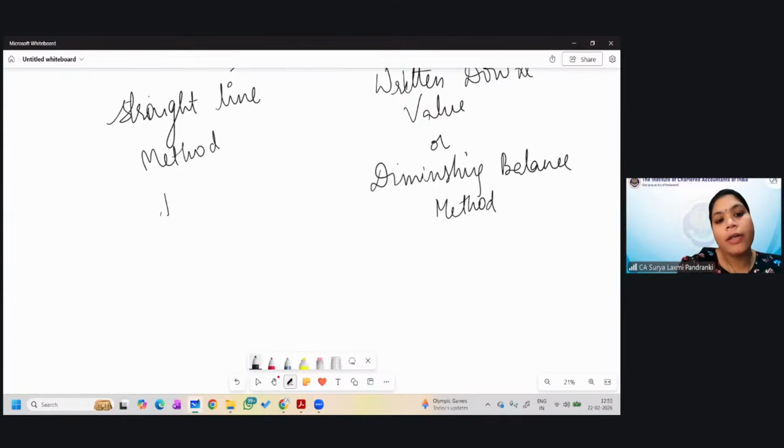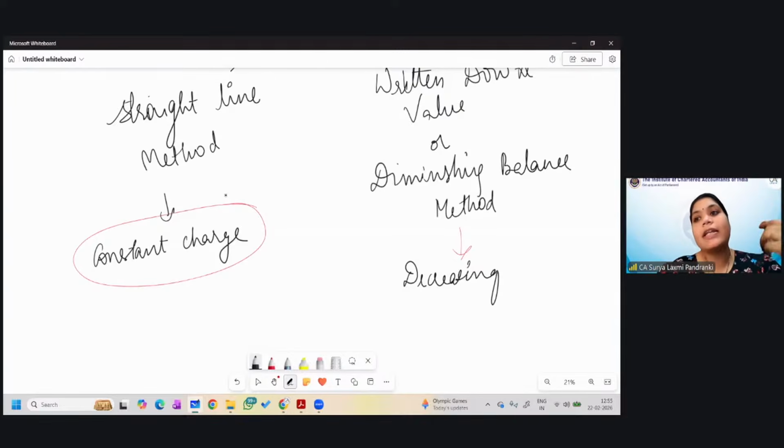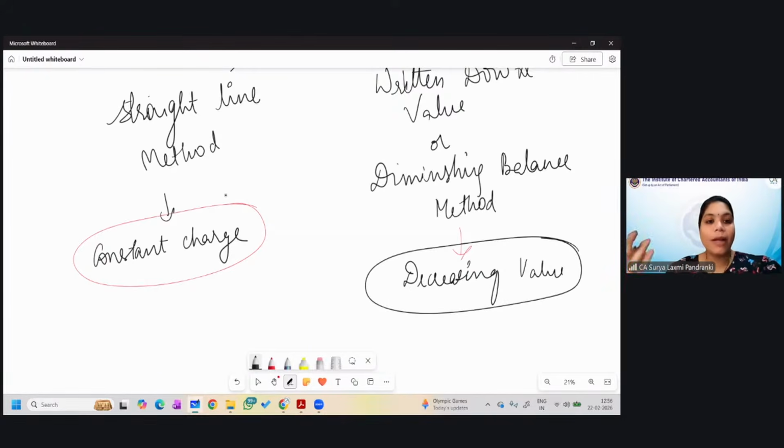Straight line means you provide depreciation as a constant charge, which means if the depreciation is 1 lakh, it will be 1 lakh every year until the end of the useful life. But written down value is not a constant charge. It is a decreasing charge, which means if today you're providing 1 lakh depreciation, next year it might be 80,000, or 70,000. So that's the difference between the diminishing value and straight line method.